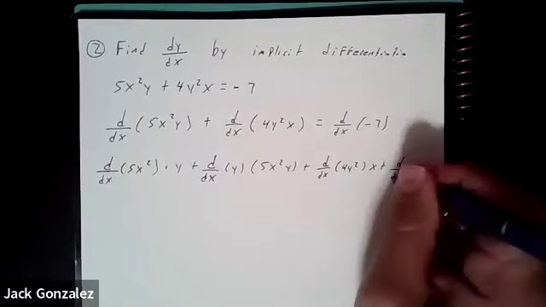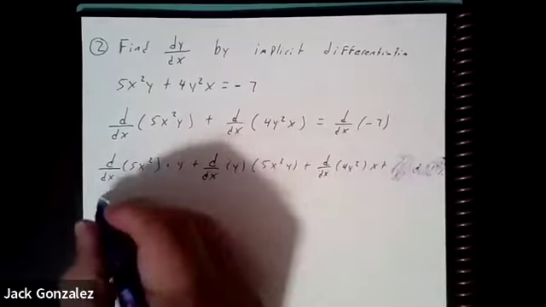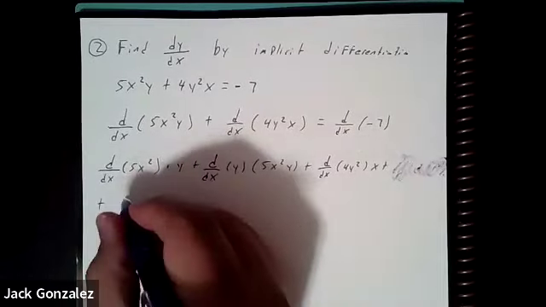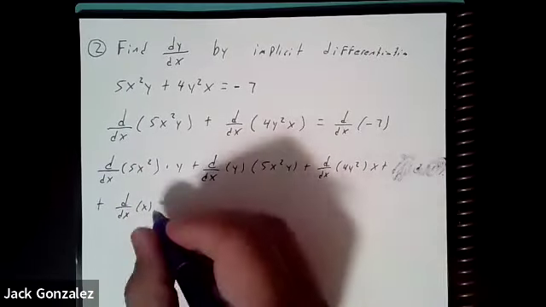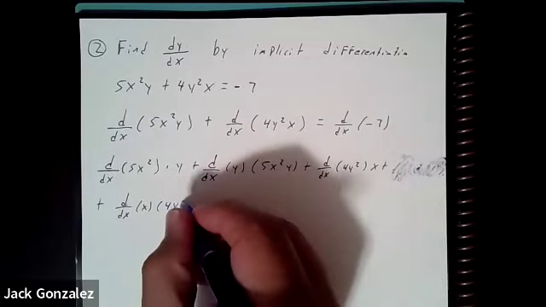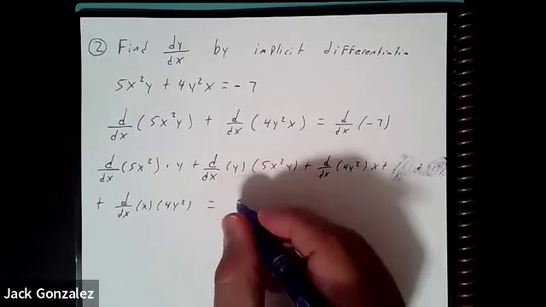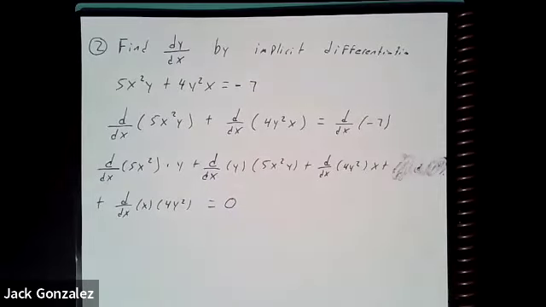We'll just write this on the bottom. And then the derivative of this obviously is a 0. Sorry, that got a little messy there.